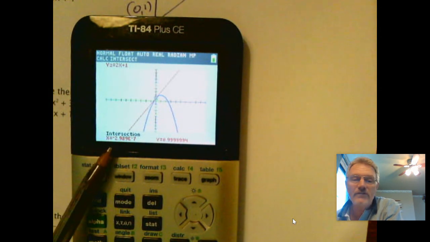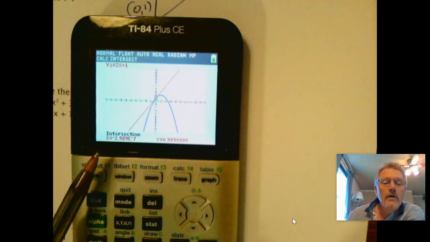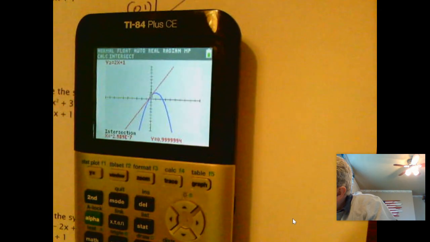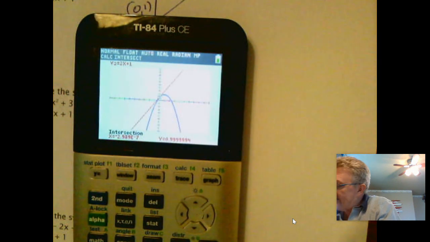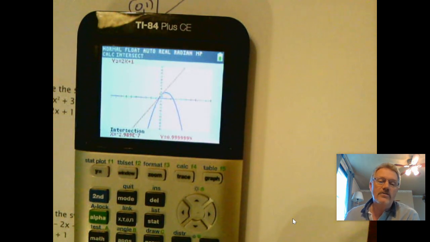So this is scientific notation. Negative 2.989 e to the negative 7 is negative 2.989 times 10 to the negative 7th. It moves the decimal place 7 places to the left, gives you 6 zeros, which to the nearest hundredth is going to round to 0.